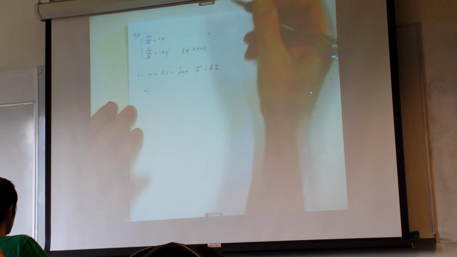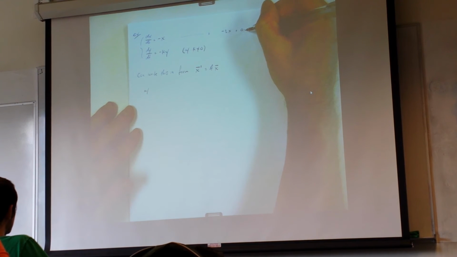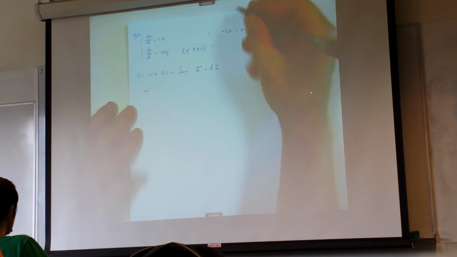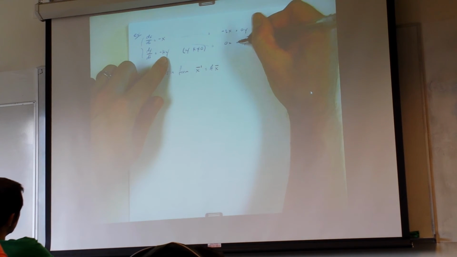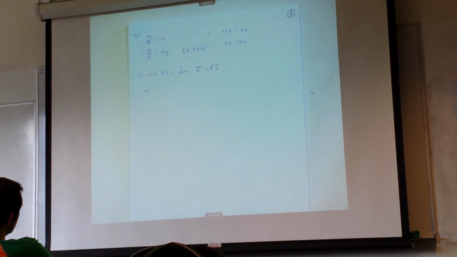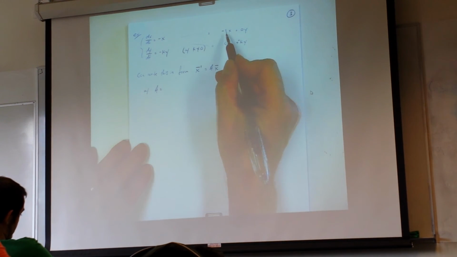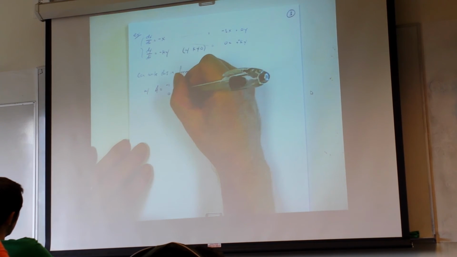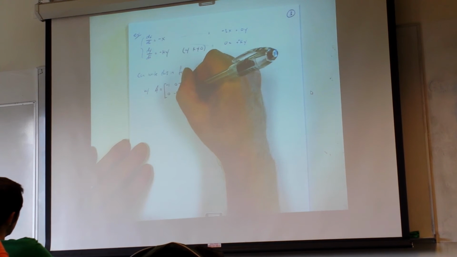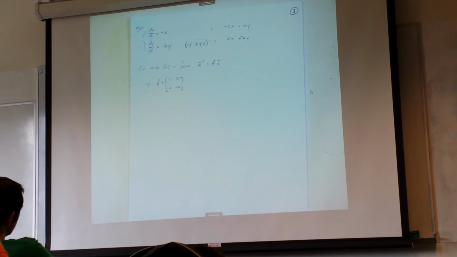Now, I want my coefficients, so I got negative 1x plus 0y. This one could be written as 0x minus ky, or plus negative ky. All right, so my coefficient matrix A would be negative 1, 0, 0, negative k. Okay. Now, how would we solve this system using this matrix form?